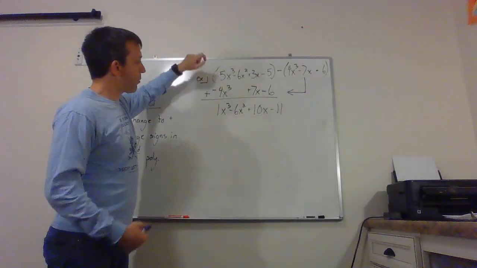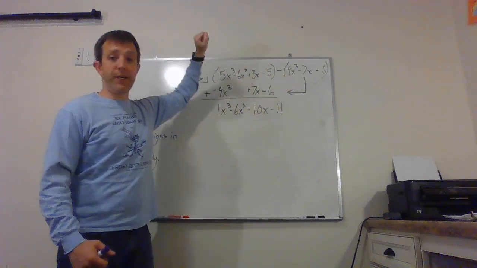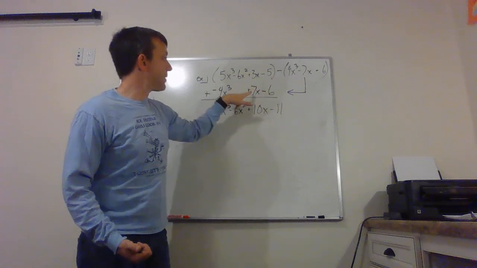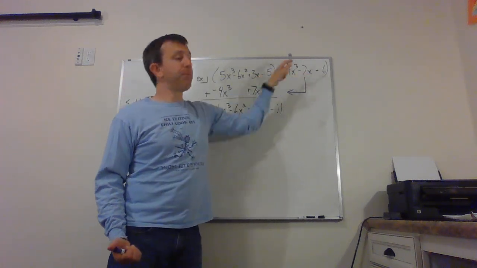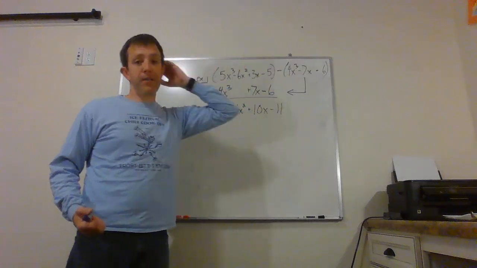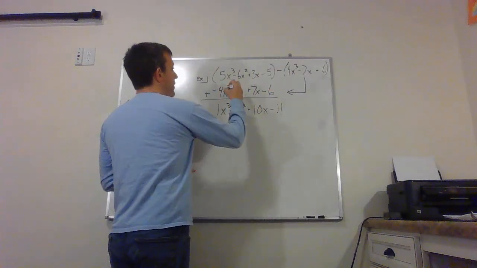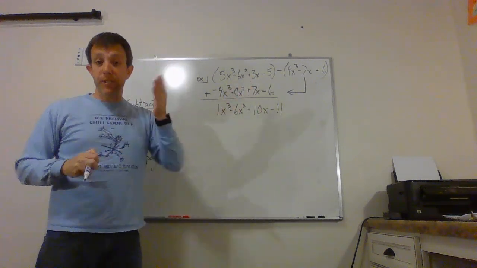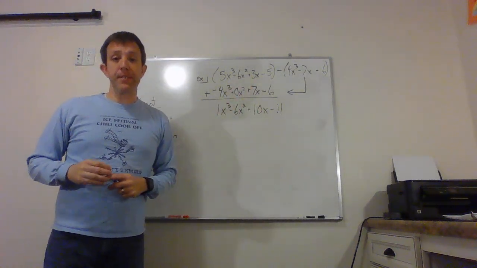So you'll notice when I brought it down, instead of a positive 4x cubed, I have a negative 4x cubed. Instead of a minus 7x, I have a plus 7x. And instead of a plus 6, I have a minus 6. Now you'll notice this one didn't have an x squared term. You could fill it in with a 0x squared if you want. Or you can just line them up with the appropriate pieces.